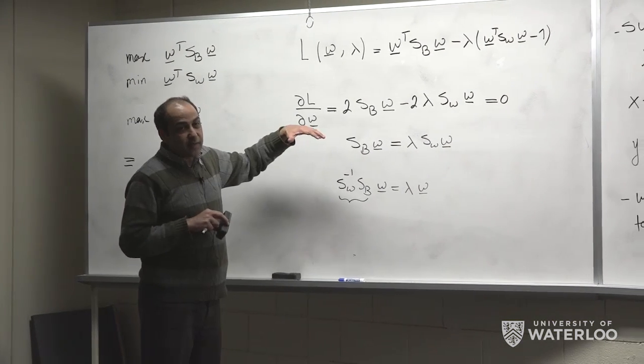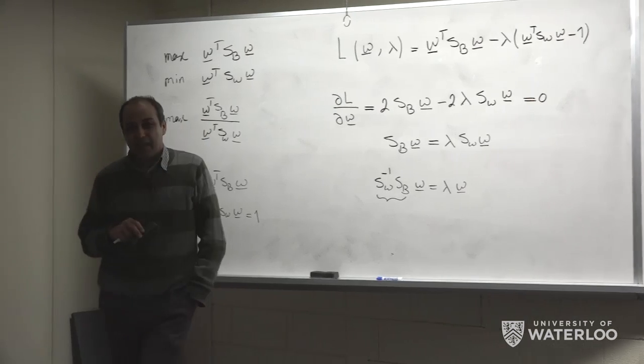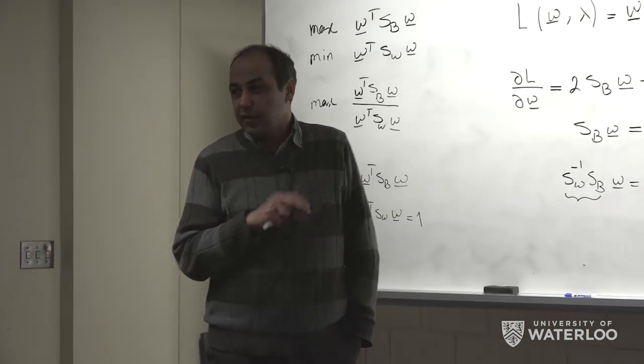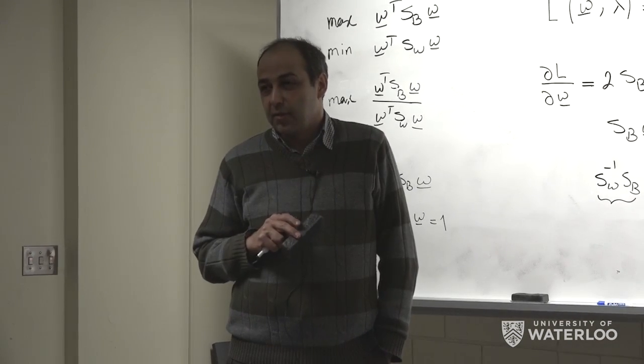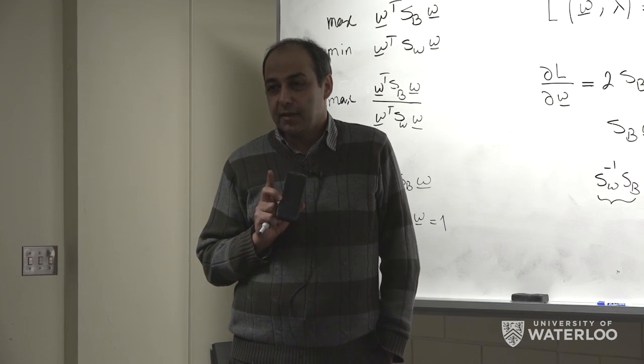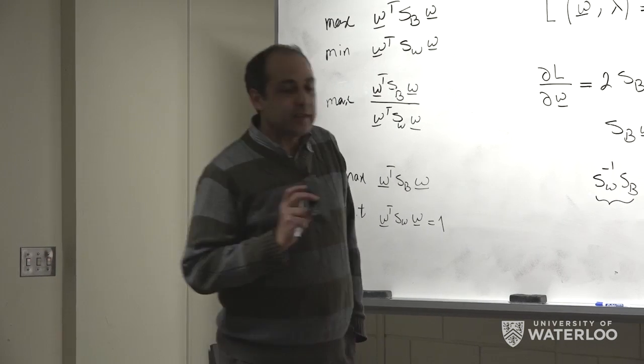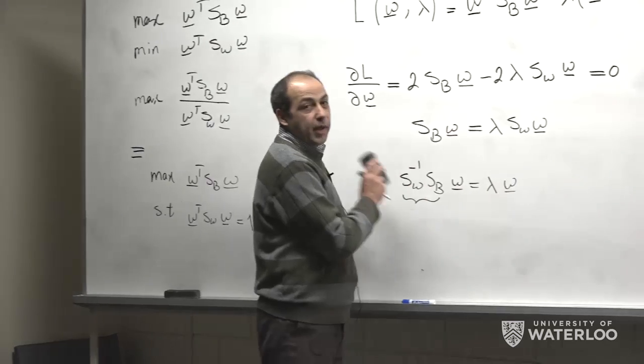Okay, it's a d by d matrix, so at most there are d eigenvectors, if it's full rank. But is it going to be full rank? It's a multiplication of two matrices.